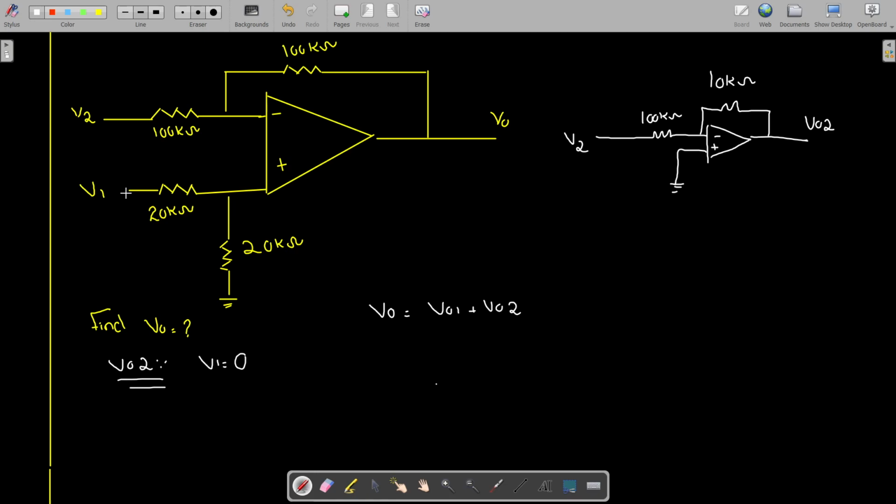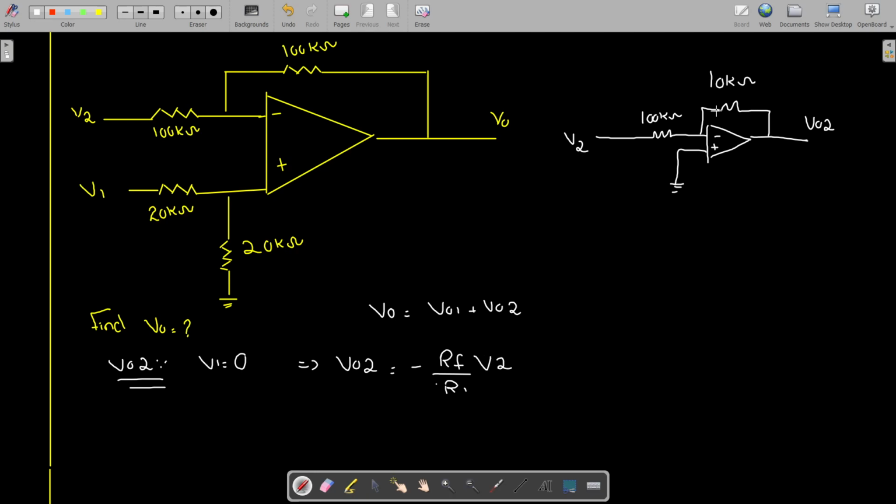Why? Because when I remove V1, this will be grounded. When this will be grounded, this whole thing is going to be grounded. So in that case, we are going to have an inverting op amp. And the gain of the inverting op amp is VO2 is equal to minus RF divided by R1 into the input voltage, which in this case is V2.